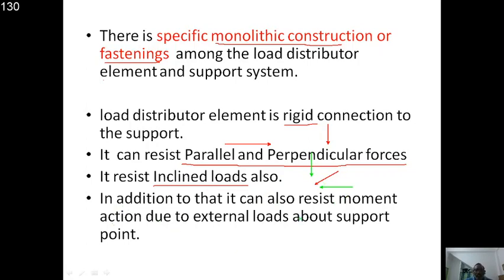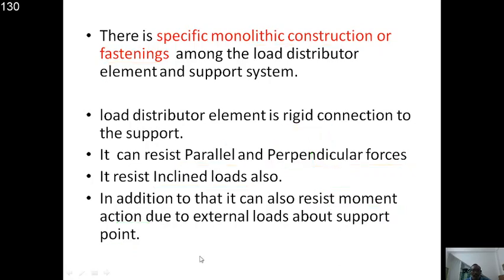In addition to that, it can also resist moment action due to external loads about the support points. At what point? Support point. So that is a major advantage of this fixed support over the hinge support.